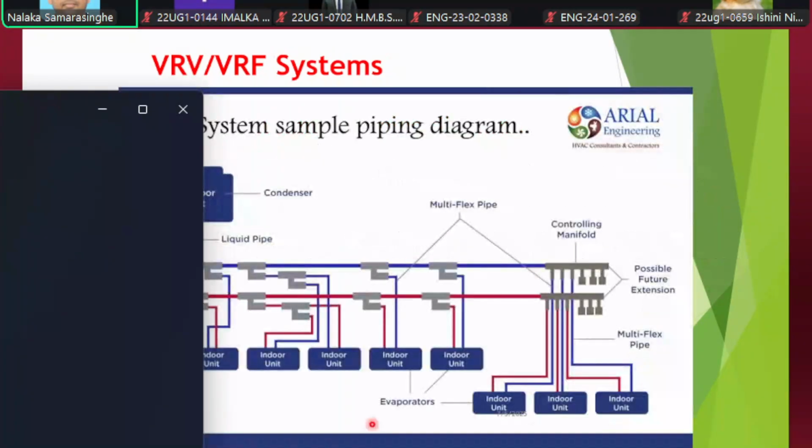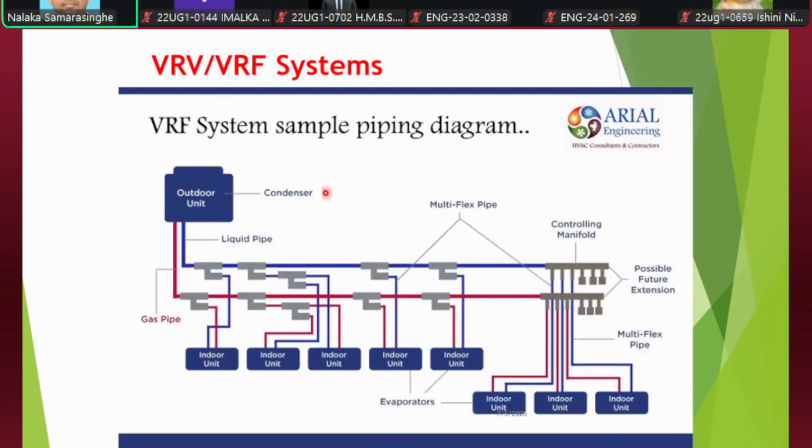Okay, let's take a look at this diagram. Here we have the outdoor unit, and you can see there are multiple indoor units here, and you have liquid piping running, and also a large number of indoor units. Other than that, you can leave some room for future expansions.